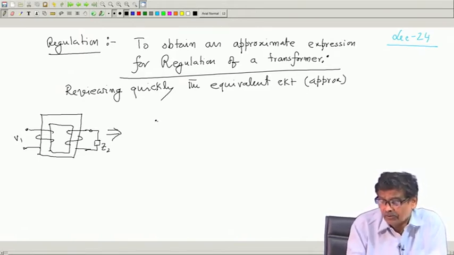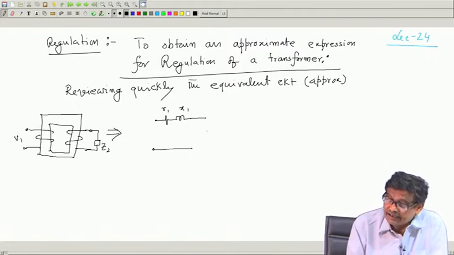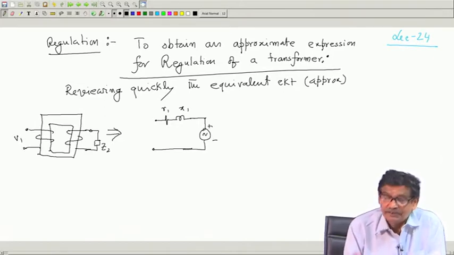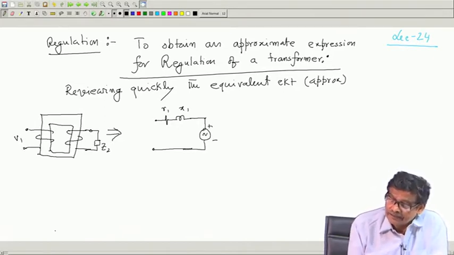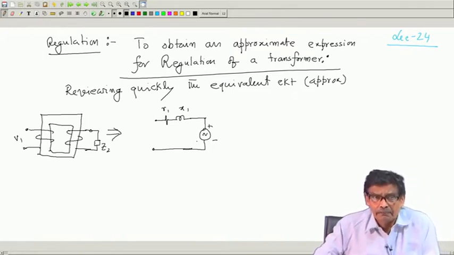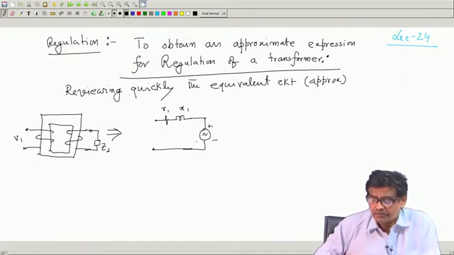There will be R1 and X1, and then here there will be an E1, because this ideal transformer part is this one. The parallel branch I am not drawing, as you can easily see that it will not come in the expression of the regulation.